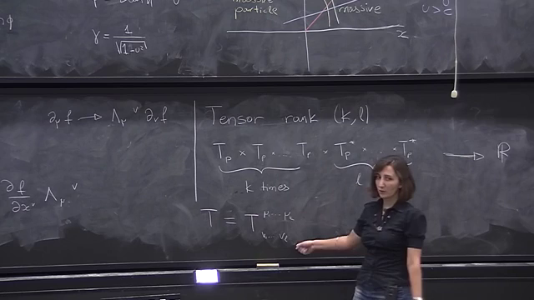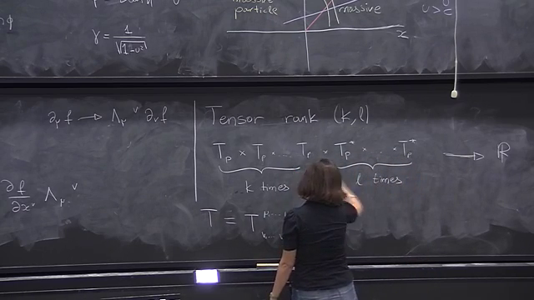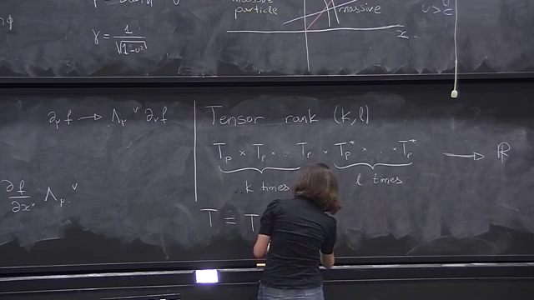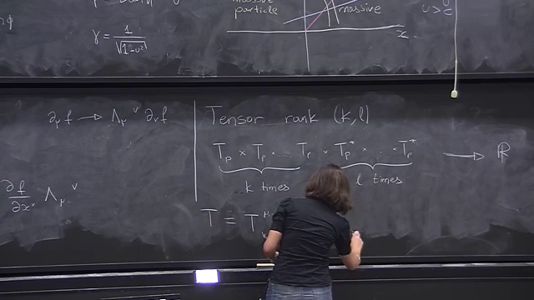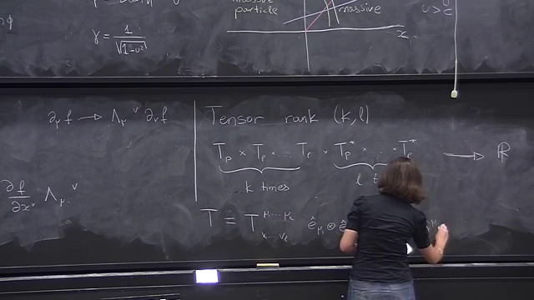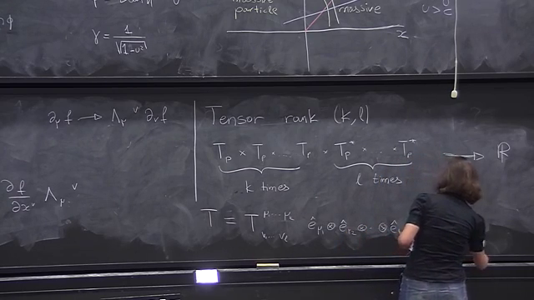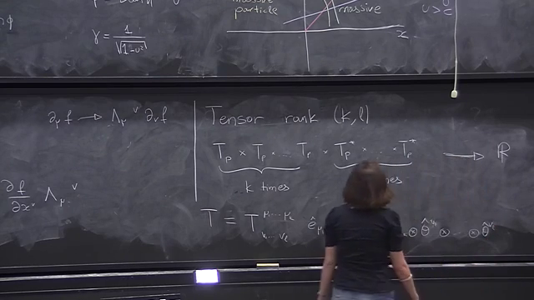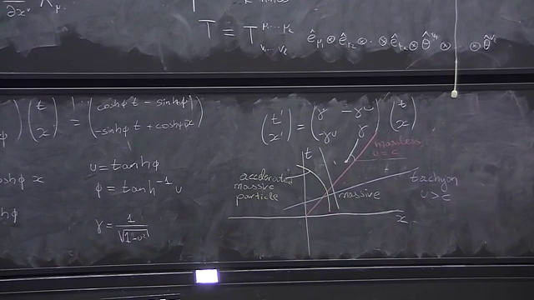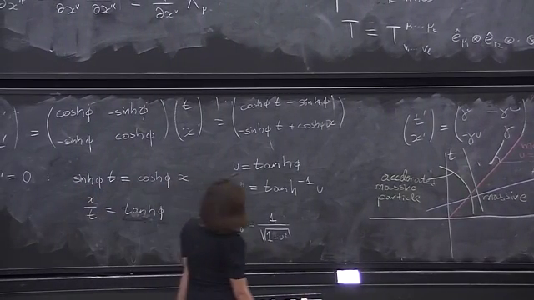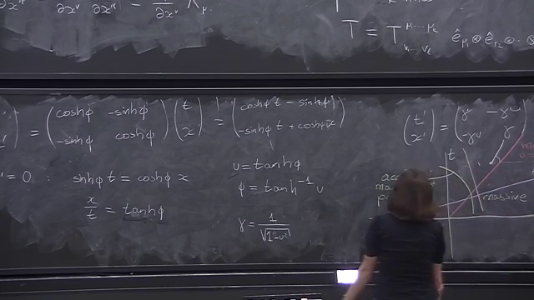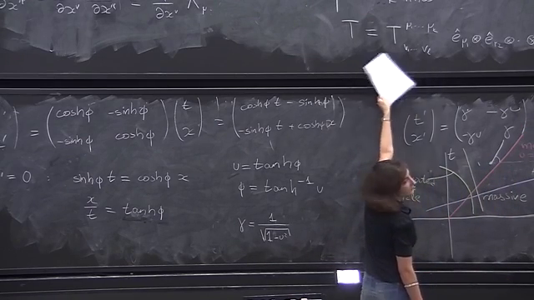So it will have K times L components multiplying the basis for this vector space, which is nothing but E mu1, E mu2, up to E mu k, and then theta mu1 up to theta mu L. But usually when we talk about tensors in special or general relativity, we forget that they are really the map from this vector space to real numbers, and we refer to tensors as just the components of these tensors.